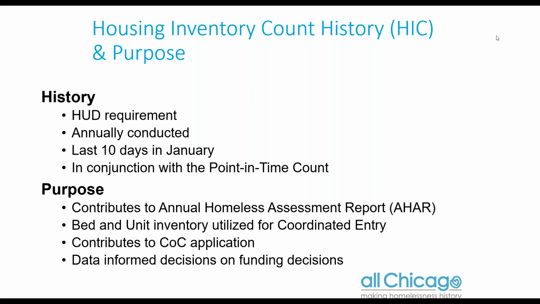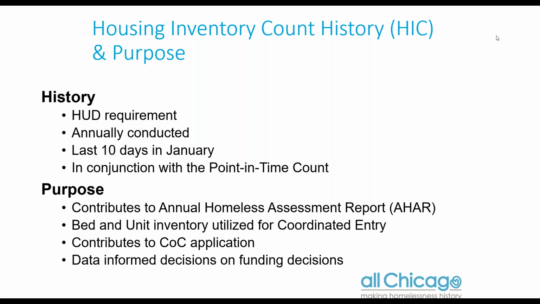The major reason that this is done is to provide a snapshot across the nation about homelessness, both for folks experiencing homelessness out on the streets or unsheltered, as well as folks who are in programs who are in shelter.